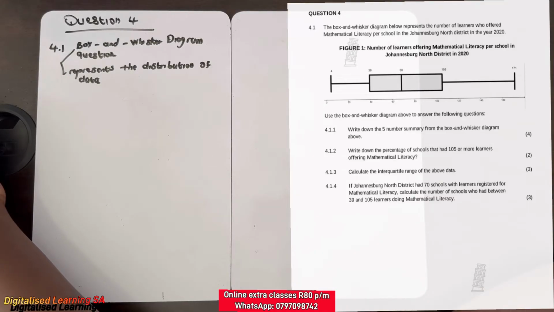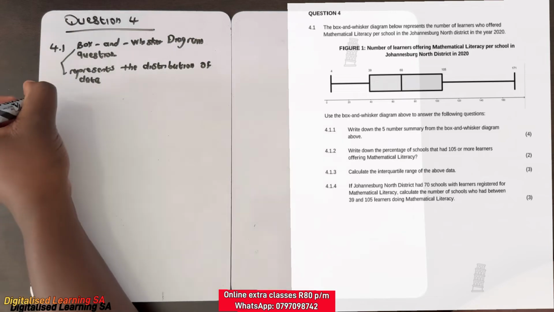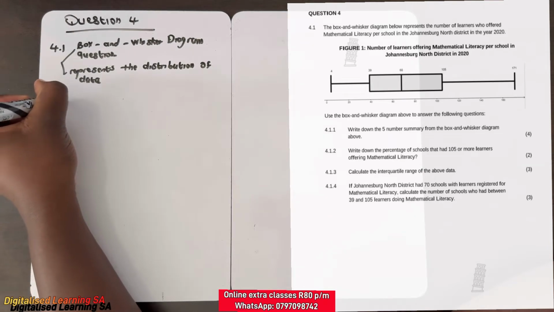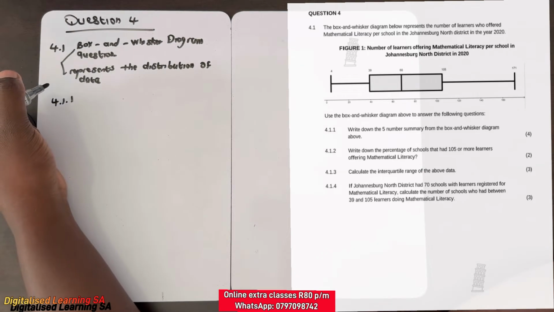We are told to use the box and whisker diagram above to answer the following questions. So we have 4.1.1, which says write down the 5-number summary from the box and whisker diagram above.